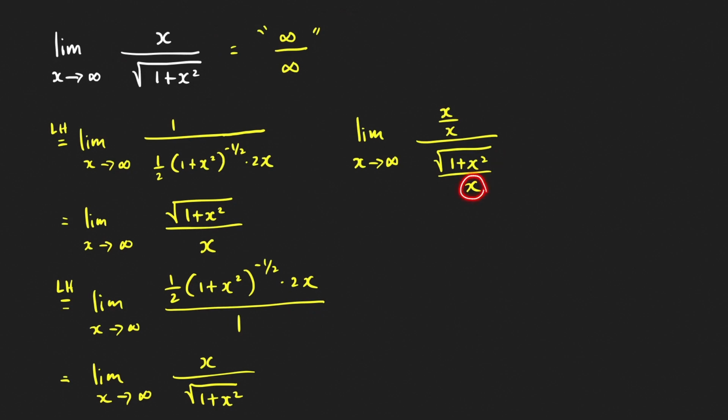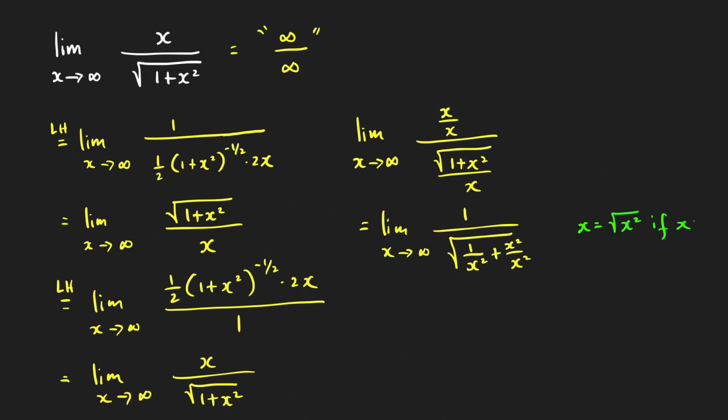And we may put this x inside of the radical symbol, and we'll get the limit as x approaches infinity of 1 over the square root of 1 over x squared, and then plus x squared over x squared. So keep in mind that x can be written as the square root of x squared if x is greater than 0.